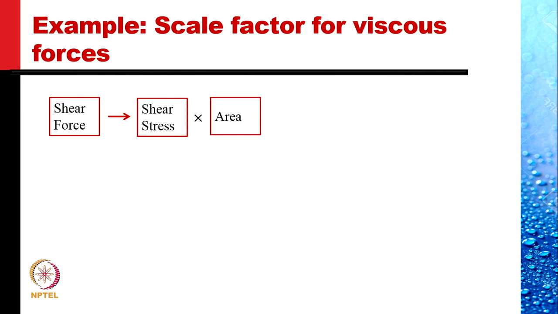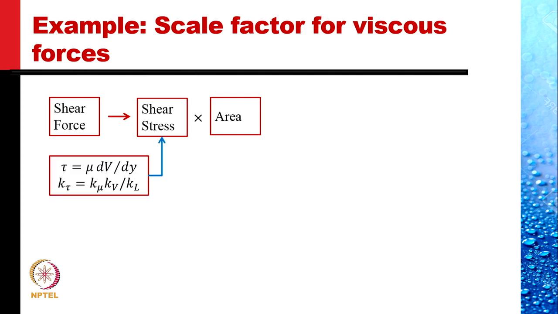Example, let's obtain scale factor for viscous forces. Viscous shear forces would be shear stresses times the area. Shear stresses are obtained from the Newton's law of viscosity. Tau is equal to mu times the velocity gradient dv by dy. So the scale factor for shear stresses would be scale factors for viscosity times the scale factor of velocity divided by scale factors for the length.